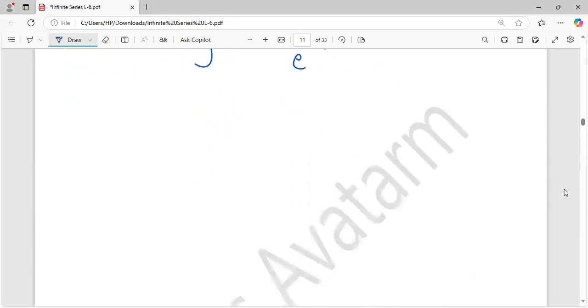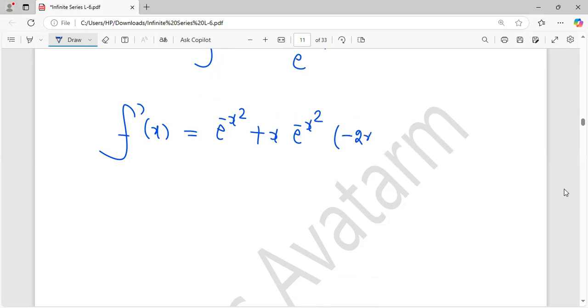Now what is f dash x? What is f dash x? It is e to the power minus x squared plus x e to the power minus x squared times minus 2x. Okay. So it is e to the power minus x squared times 1 minus 2x squared.